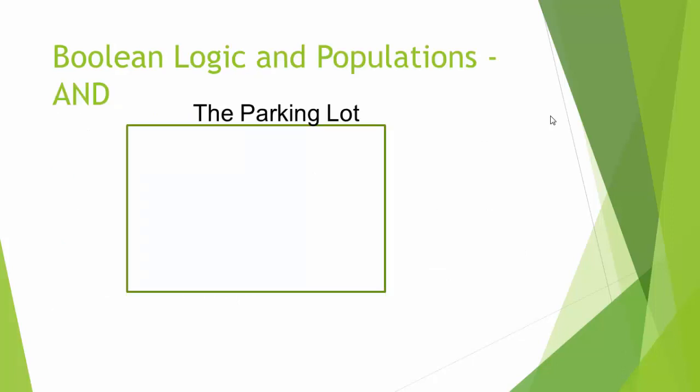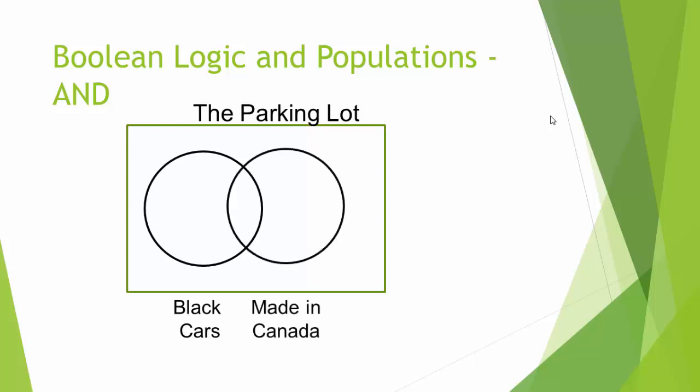So let's dig a little deeper then into Boolean logic. The Boolean logic system used a couple of very simple relation ideas in order to look at sets of information. So we could look at the contents of a parking lot in terms of the AND operation. We could look at the black cars that are contained in a parking lot, and we could look at the cars that are made in Canada in a parking lot.